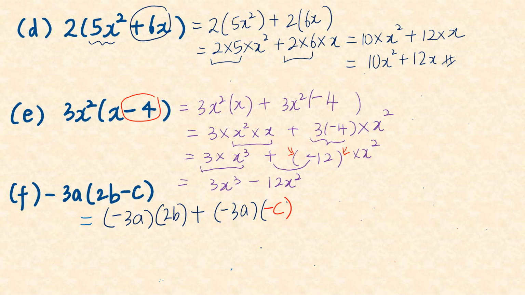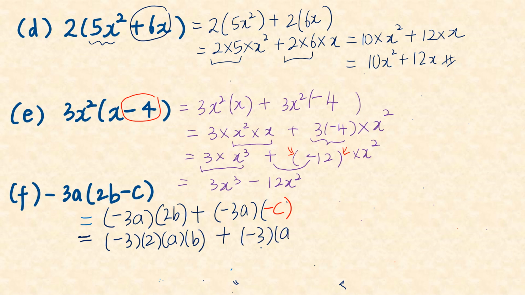Alright, so let's continue. So I'm going to put the numbers together. So negative 3 put together with the number 2. And then the a and the b put together. Okay, similarly also for the negative 3, leave it alone.